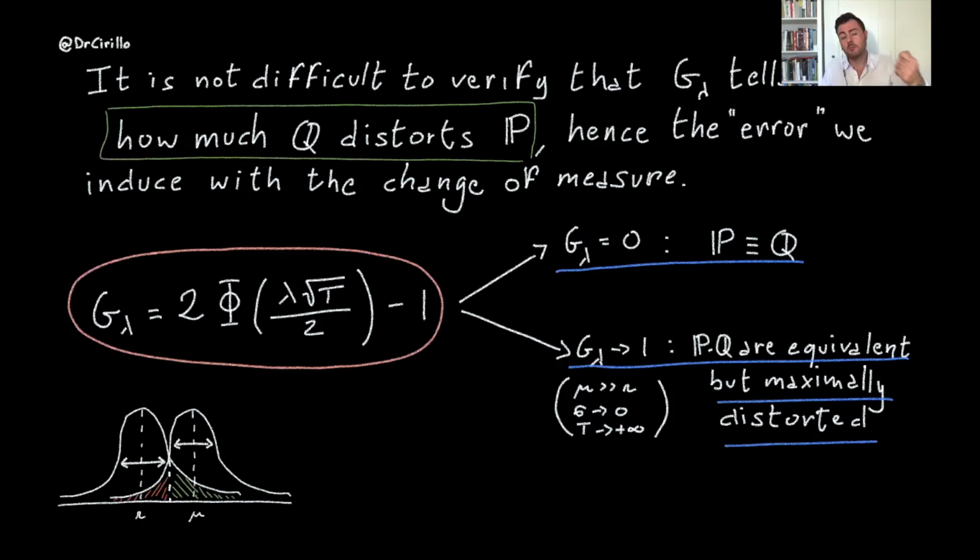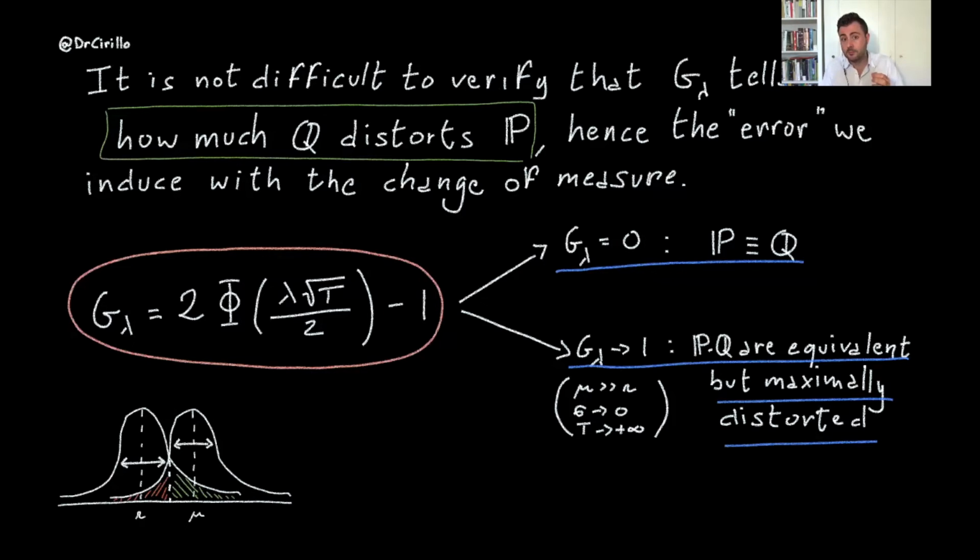And this also tells us that in the situation in which the implicit return of a risky investment, mu, is very different from the risk-free rate, we are considering something which is potentially very nice for us. At the same time, by considering the risk-neutral measure, we introduce a very big distortion of probabilities. They still agree, P and Q, on what is not possible, because they are always equivalent, and this comes from the fact that Q is a distortion of P and vice versa.